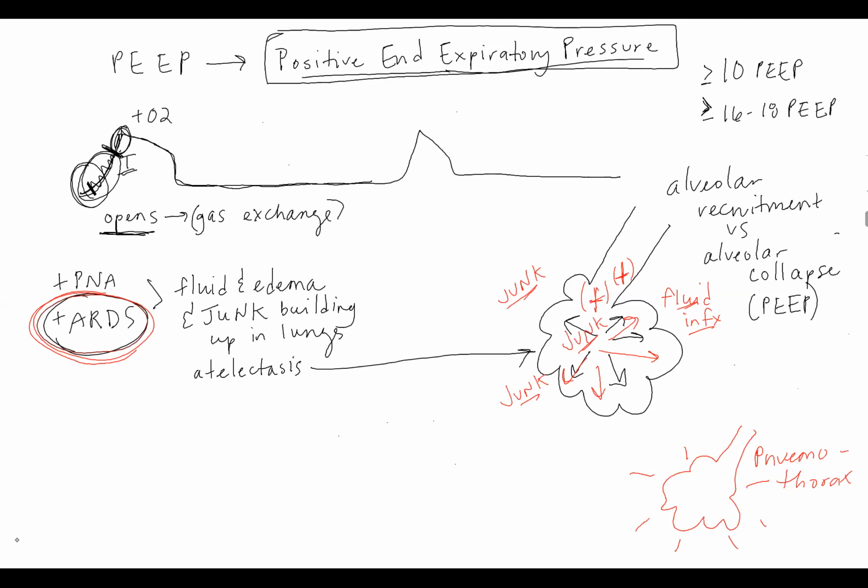If that ET tube were to suddenly get disconnected, we would lose all of this positive pressure that's helping keep those airways open. And when the airways collapse, they have a difficult time reopening. What happens to our gas exchange? It gets much worse. And what happens to our oxygenation? It gets much worse. So that's just a safety plug on PEEP.